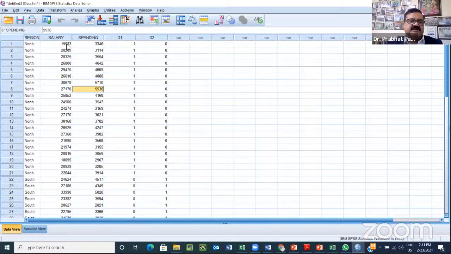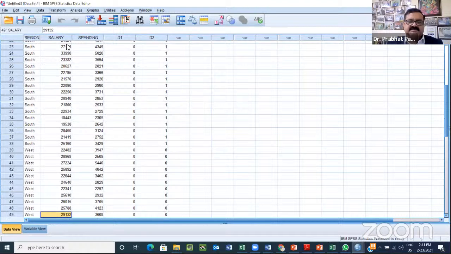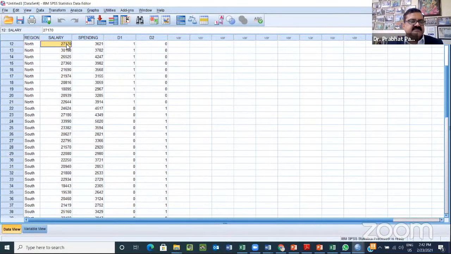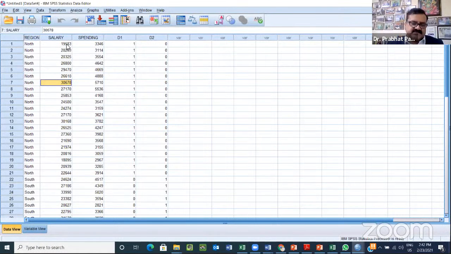So that can be one, but that is not going to solve our problem, because our problem is we want to know how significantly the people in the north are being paid in comparison to the south or the west, something like that. Is there any significant regional difference? So these kinds of problems are of significant importance, and can regression help us in understanding the difference?